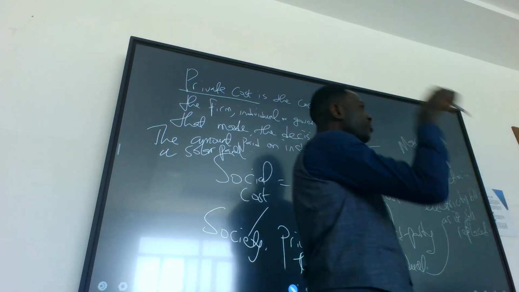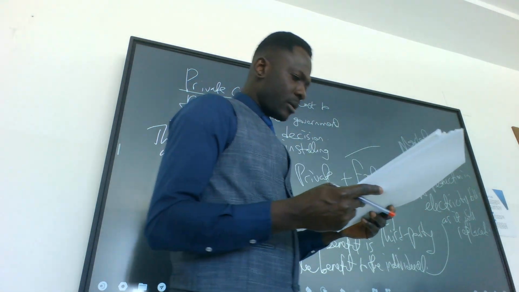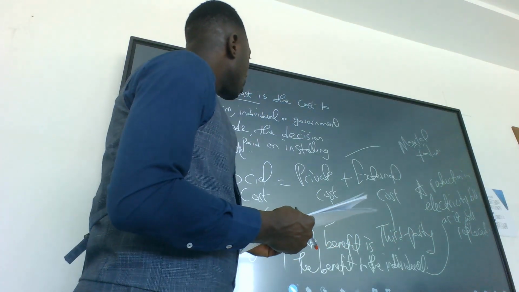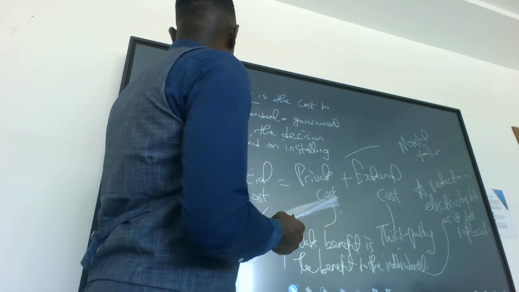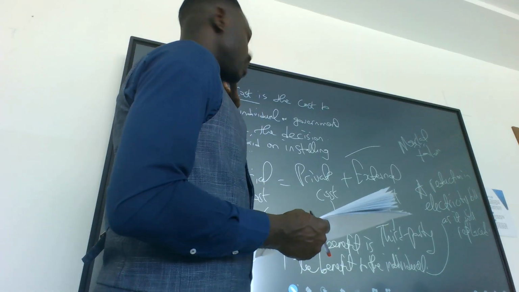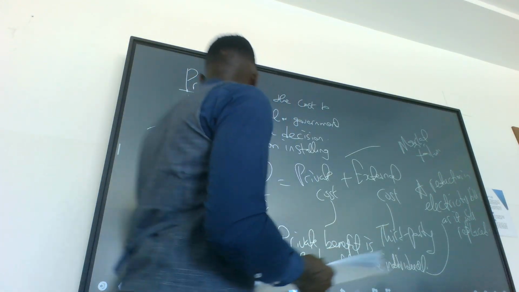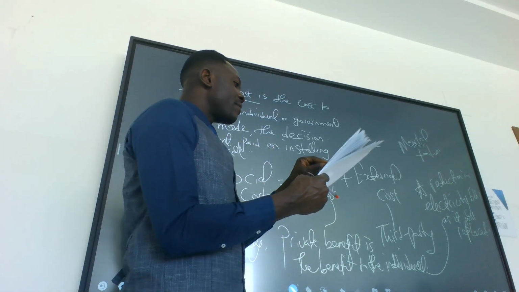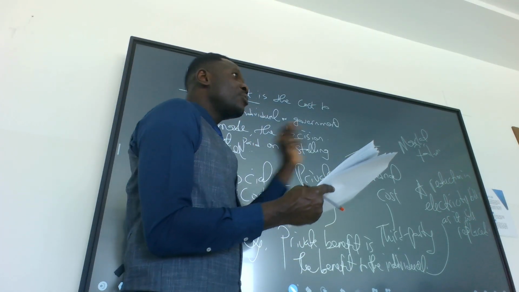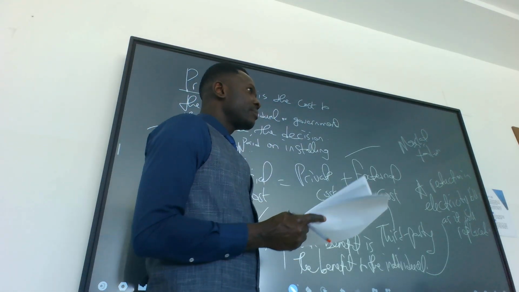So that's the substitute for electricity. Is it clear? The amount paid on installing the solar panel, that is private cost. The private benefit is the benefit to the individual. The question says identify one private cost. How do you identify? You have to define private cost and give an example.